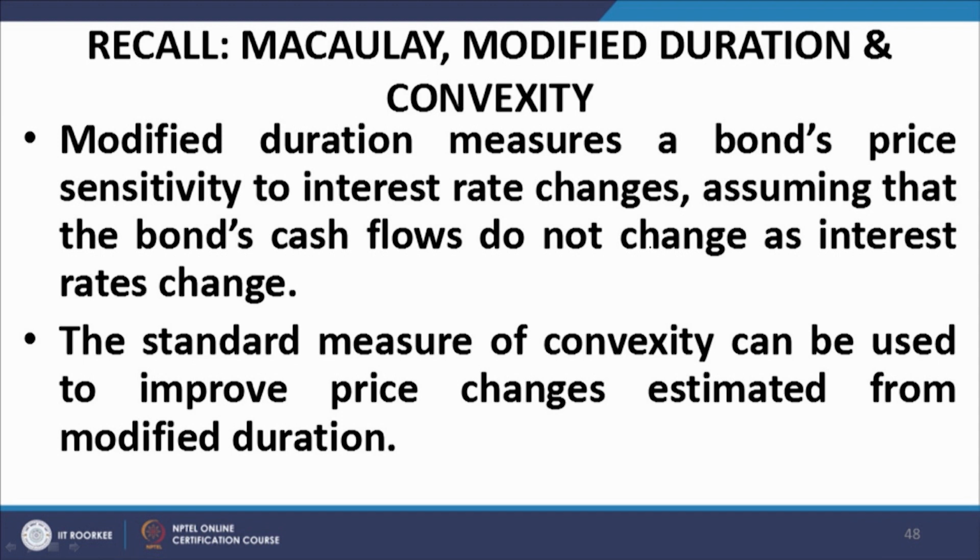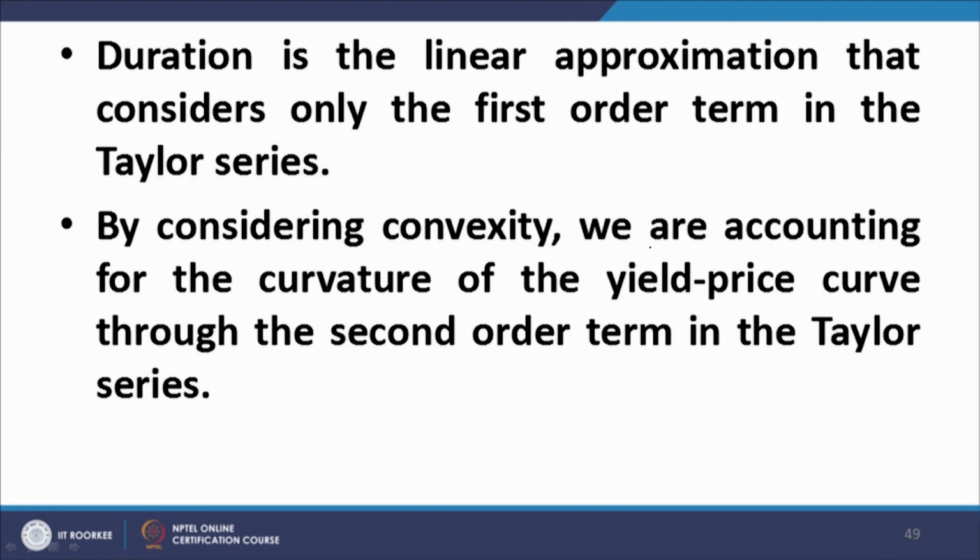The standard measure of convexity can be used to improve price changes estimated from modified duration, because convexity is actually the second order correction. As I mentioned in the last lecture, duration is a linear approximation that considers only the first order term in the Taylor series, and that assumes that the yield price curve is a straight line in the infinitesimal neighborhood of the point at which the duration is calculated or the price change is being worked out.